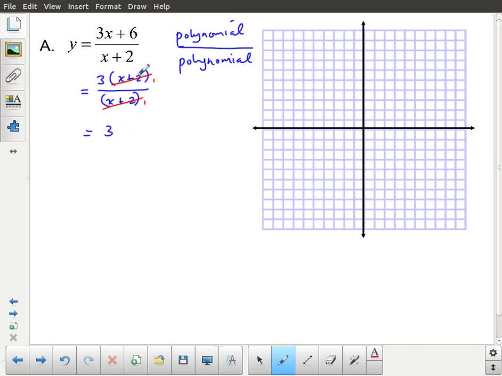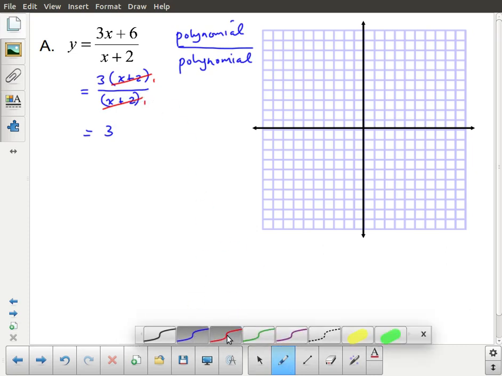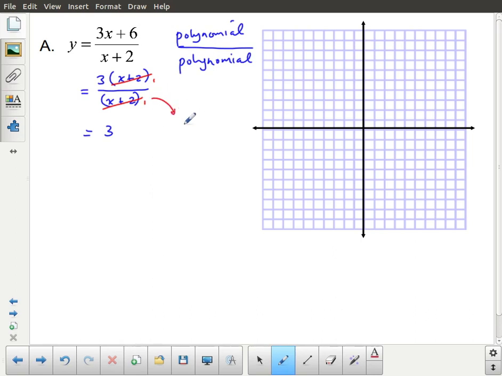But because I factored out an x plus 2, one of the things that we have here is we have x plus 2 in the denominator, so the fact that we have x plus 2 in the denominator, that tells us that x plus 2 is never allowed to be 0.